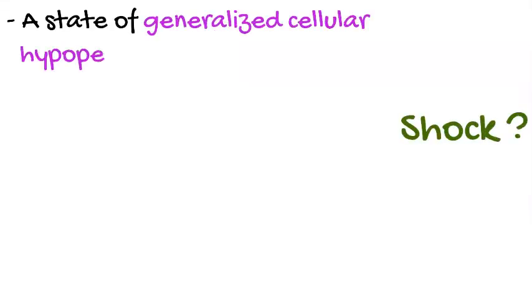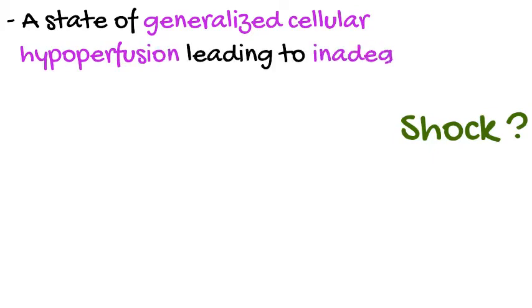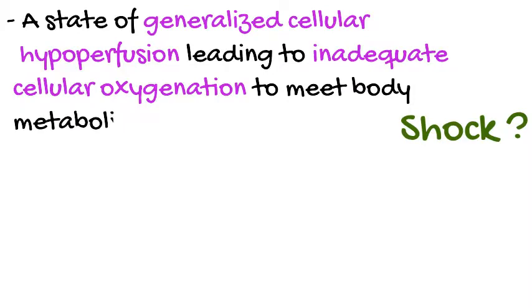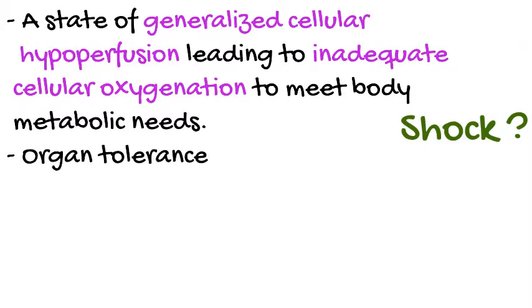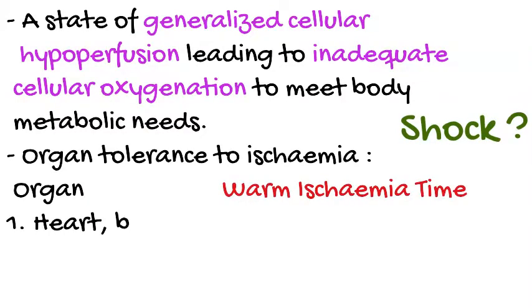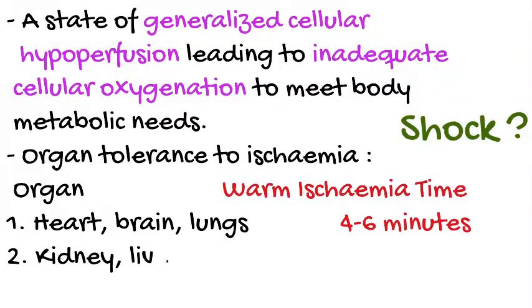So, define shock. Shock is a state of generalized cellular hypoperfusion leading to inadequate cellular oxygenation to meet metabolic demands or needs. Organ tolerance to ischemia: for the heart, brain and lungs, the warm ischemia time is around 4 to 6 minutes.